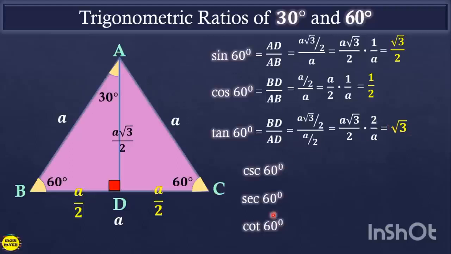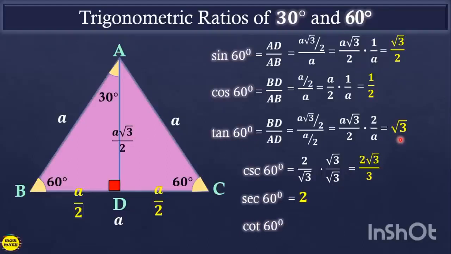And then, madali na po ito kasi this is just the reciprocal. So, cosecant 60, reciprocal po ni sine 60, that is 2 over square root of 3. And then, rationalize. So, we get 2 square root of 3 over 3. For secant 60, this is the reciprocal of cosine 60. Reciprocal of 1/2 is 2. And for cotangent 60 degree, ito po ay reciprocal nito.